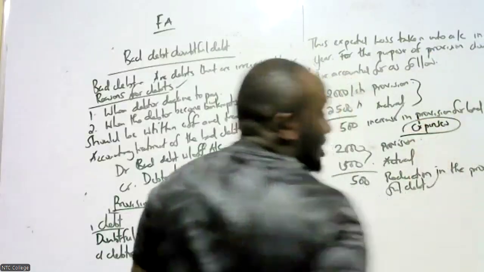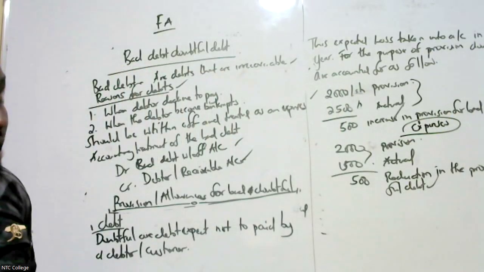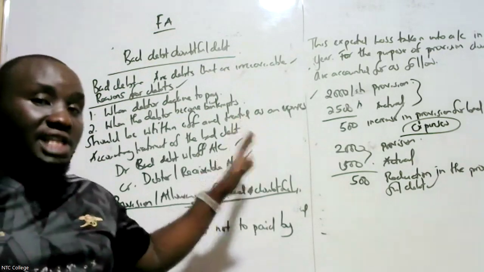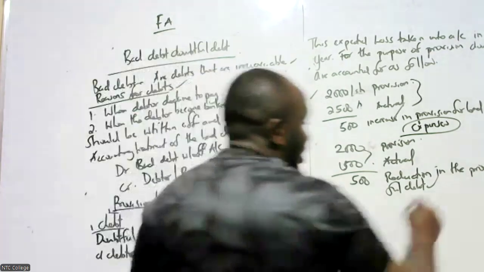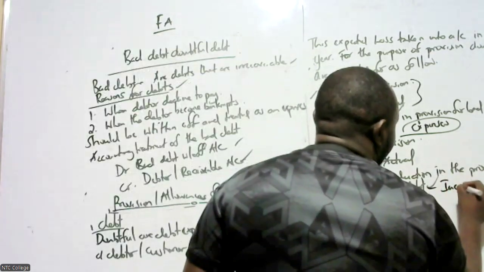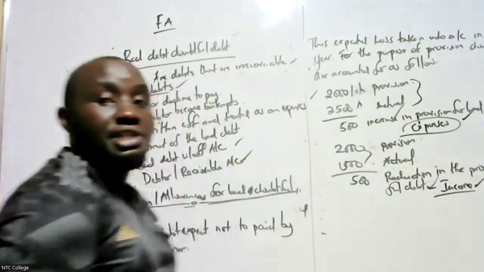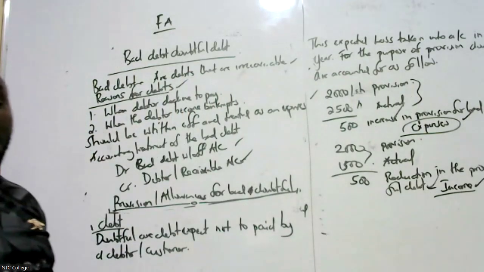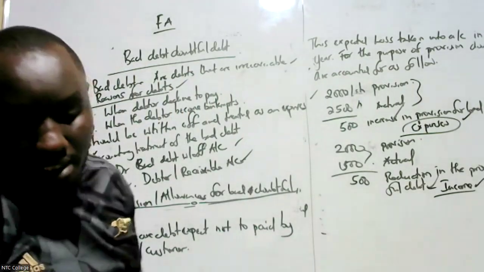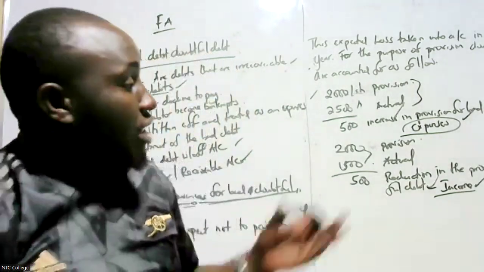When there's a reduction in bad and doubtful debt, we treat it as an income. So a reduction is an income, and an increase is an expense. For the purpose of provision, we account as follows.